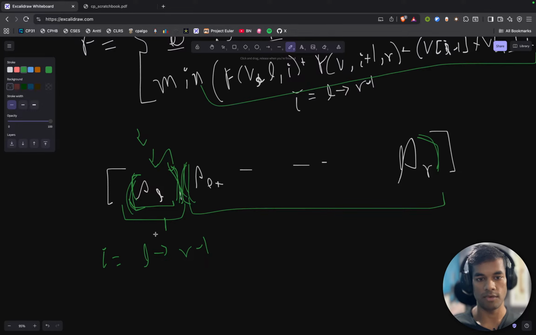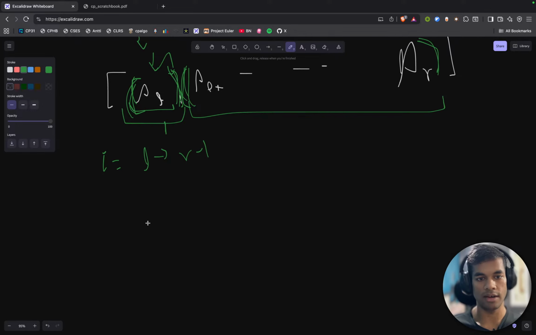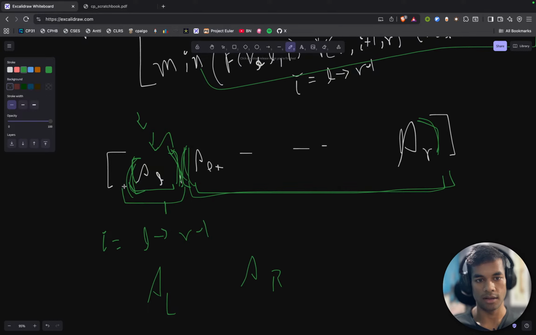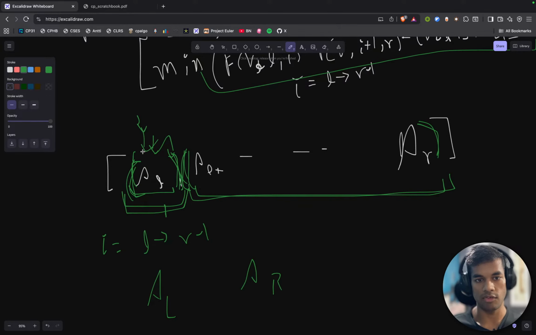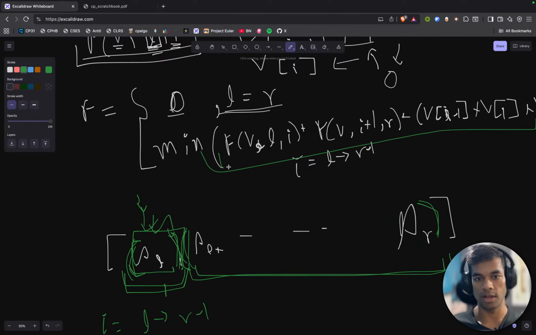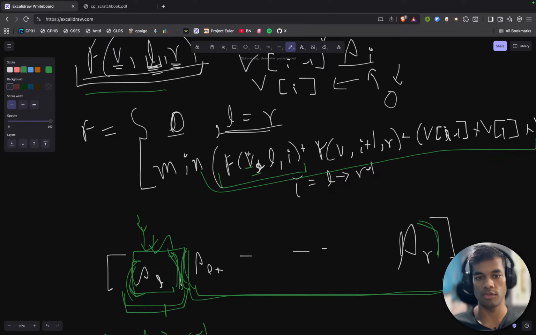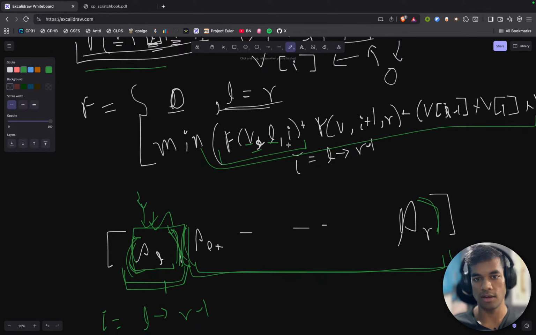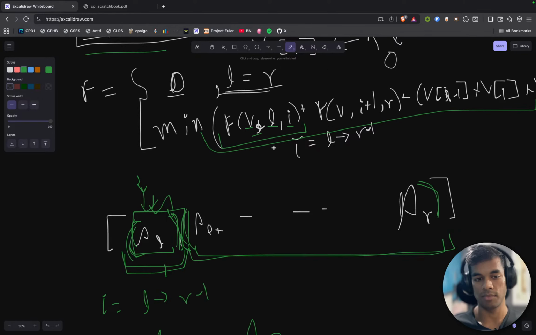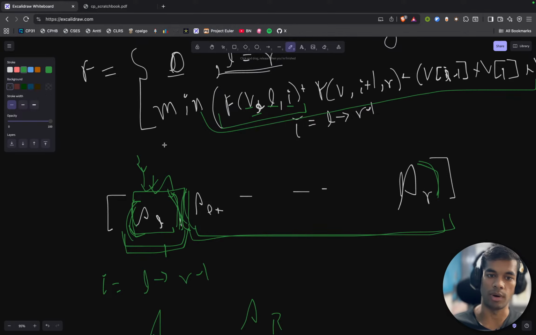And then we will get a matrix from this left side, let's call it capital A[L], and we will get a matrix from this right side, which is capital A[R]. The number of scalar multiplications performed in the left part is represented by the function f called with v, which stores the dimensions of the matrices, starting from l going till i. i is included in the left part.